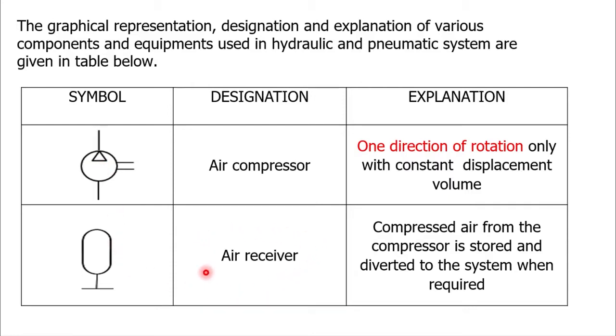Then for the air receiver, we use an oblong shaped representation. Compressed air from the compressor is stored inside the air receiver or the tank. To have the double direction of rotation, we add one more triangle in a downward direction, and that provides the double action.